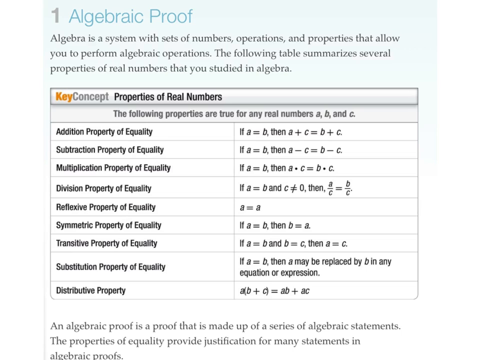So on this page you've actually got all the properties of real numbers, and you've done all of these since you've been at school. The addition, subtraction, multiplication and division, you've used all the time you've been in school. All right, the reflexive one is the one that students miss. Think of yourself when you're looking in the mirror.